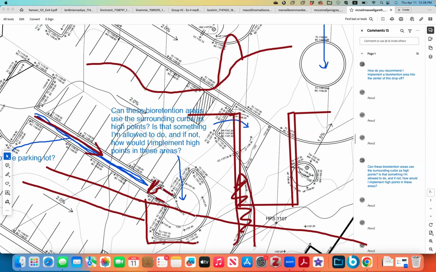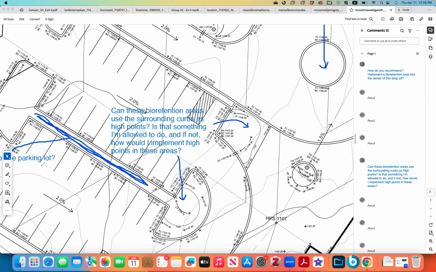So there's likelihood that you still need a couple of high points between your retention and your 108 contour, for instance, right? Okay. So yeah, I would say very likely so. Your high points will be just in between your retention and then these contours. Okay.